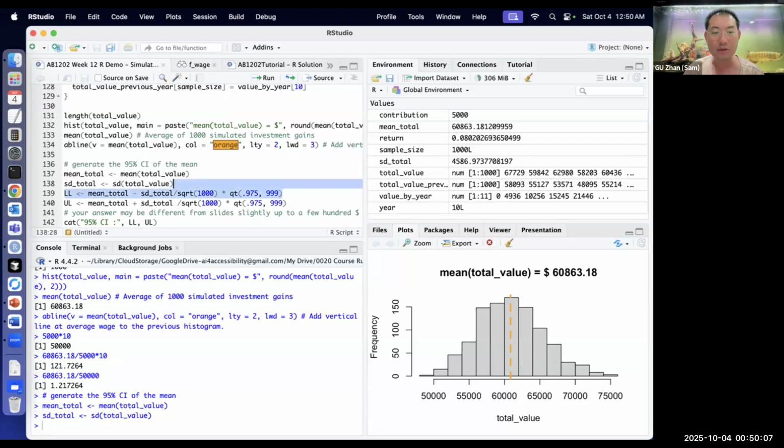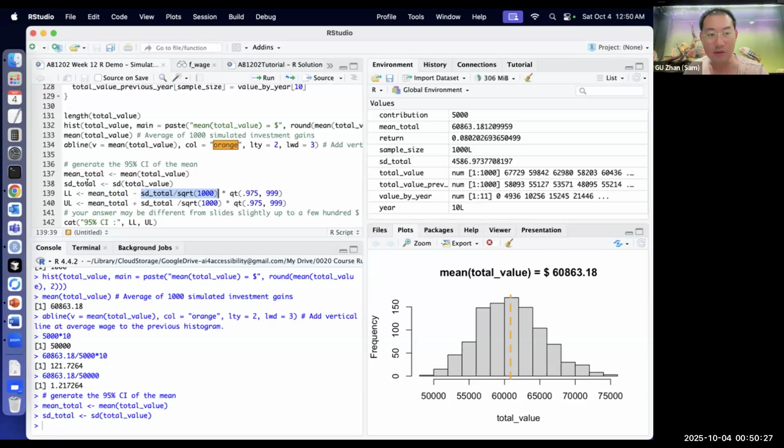So here we need to use the qt function. So the lower limit is your average X bar minus this, which is your standard error, the standard deviation of the sampling distribution.